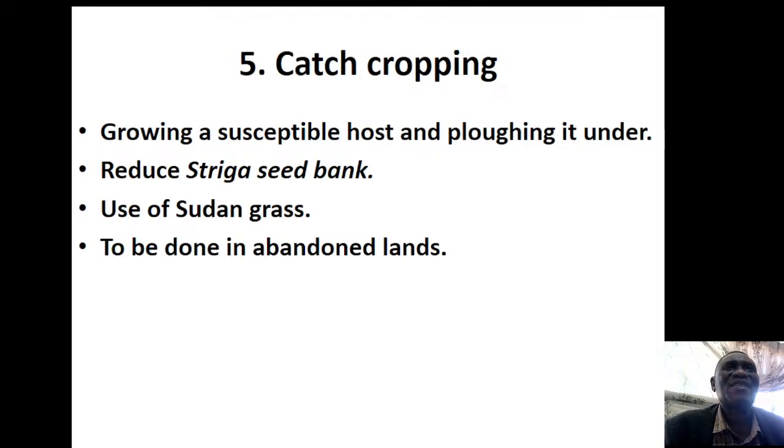Very few farmers will take up that kind of advice. So yes, catch cropping can reduce the problem, but it's not economically attractive. It cannot pay the farmer during the current season.